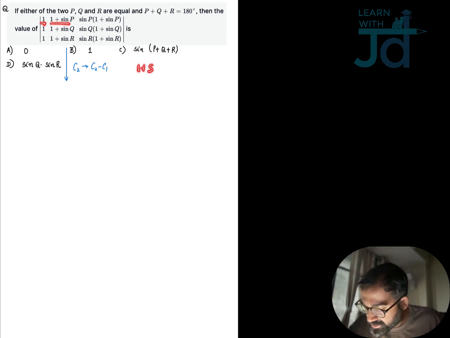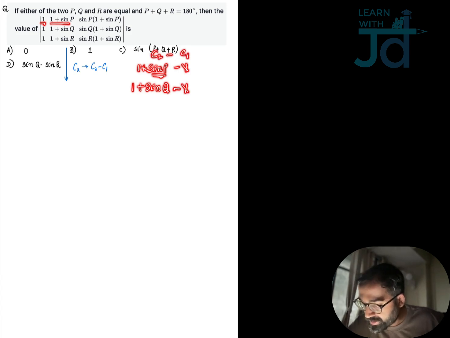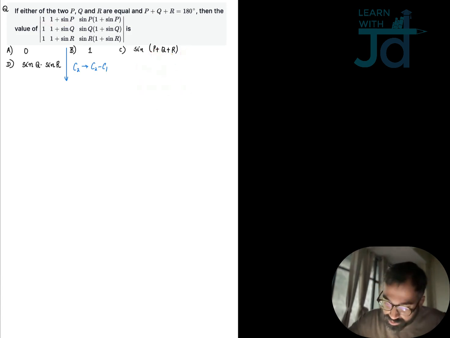So 1 plus sin p minus 1, so you will get only sin p. Similarly 1 plus sin q, which is column 2 minus 1, again the 1 gets cancelled. And so on for the third column. So the new determinant will look something like this: 1, 1, 1.